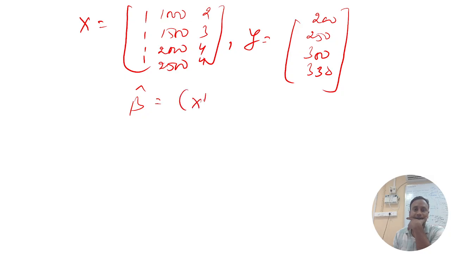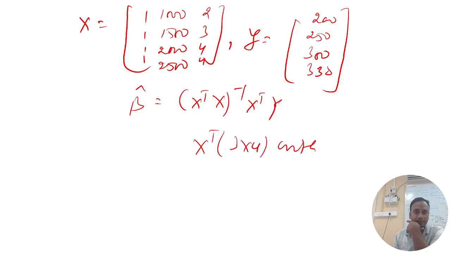Now we know the formula: beta will be (xt x) inverse x transpose y. So x transpose is a 3 by 4 matrix, multiplied with the 4 by 3 matrix.